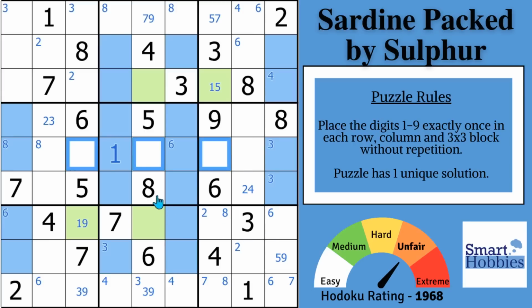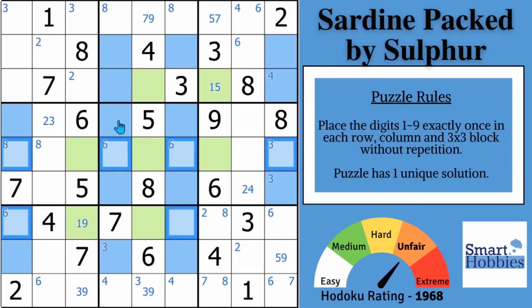And so you could put a 1 right here, but then you might notice after you remove this 1, in columns 5 and 7, a 1 can only go in row 3, and that would break the puzzle. You can't put a 1 in 2 places in the same row. That's why we know that the 1s have to be restricted to these green cells. You can eliminate all of these other possibilities in the row.